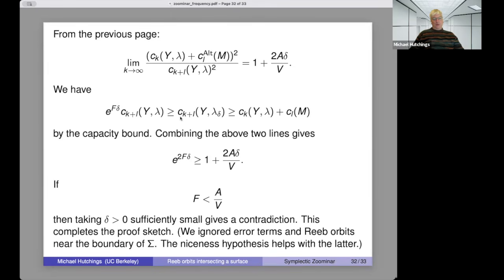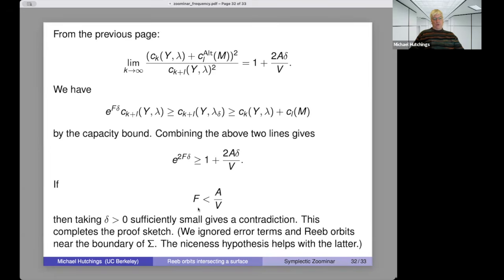And on the other hand, the capacity bound says that c_{k+l} for lambda_delta is greater than or equal to c_k of Y plus c_l of M. And then if you plug this inequality into the previous limit, you get that e to the 2f delta is bigger than or equal to 1 plus 2 times A delta divided by V. And this forces f to have a lower bound.